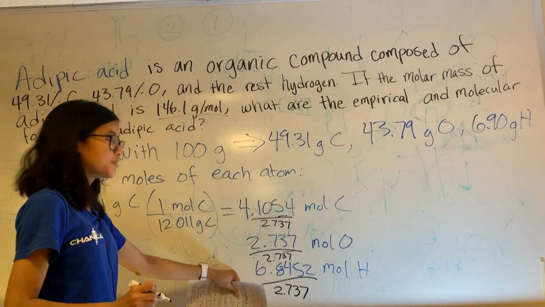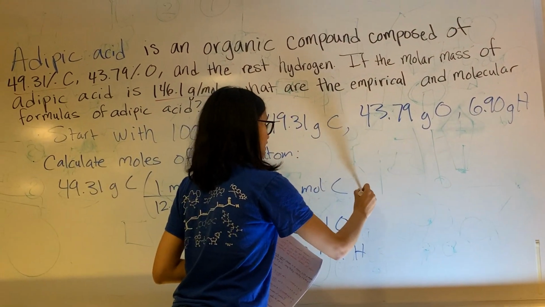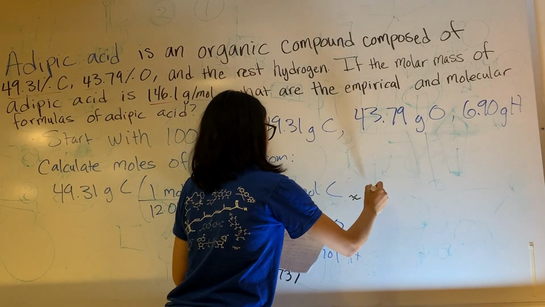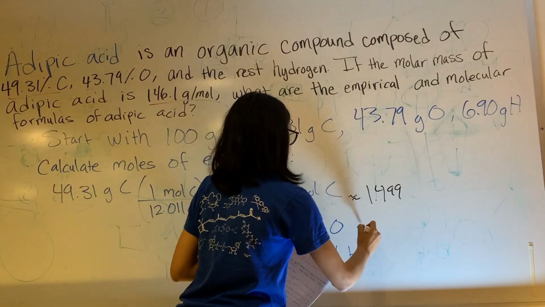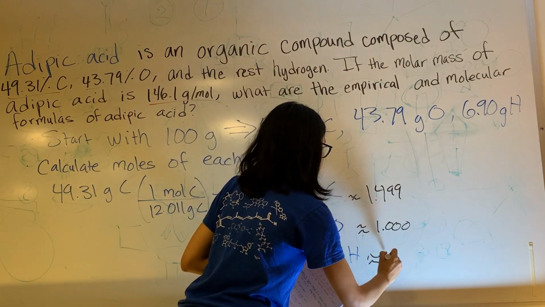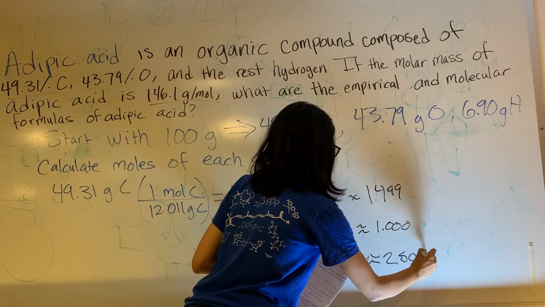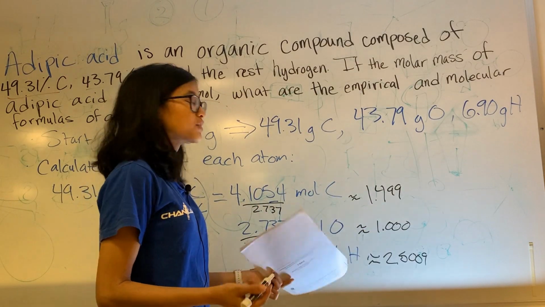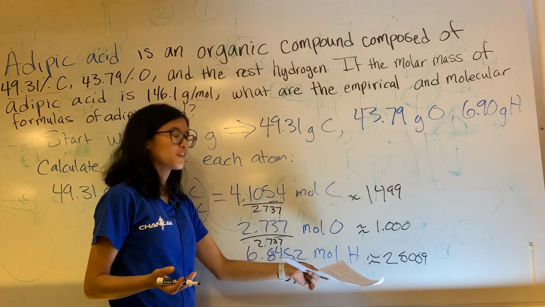Once you've done that, you'll get a ratio. It's okay to estimate, but this comes out to about 1.499 for carbon, 1 for oxygen, and 2.5009 for hydrogen. Obviously these aren't whole number ratios, and you've never seen a compound formula with fractions in it.